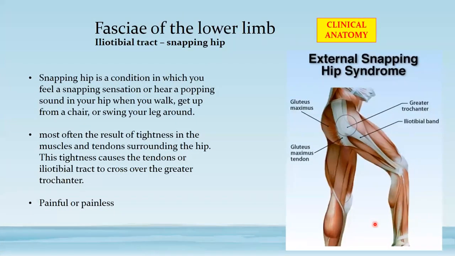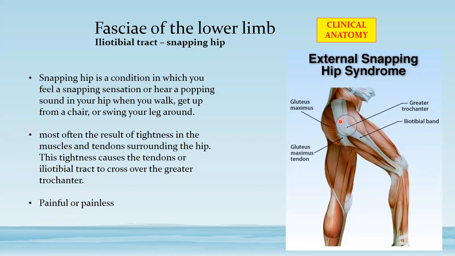What is the clinical anatomy of the iliotibial tract? One of it is the snapping hip. The snapping hip is a condition in which you feel a snapping sensation or hear a popping sound in your hip when you walk, get up from a chair or swing your leg around. This happens when tightness occurs around the attachment of the muscles in the proximal part of the femur, the greater trochanter and all that.